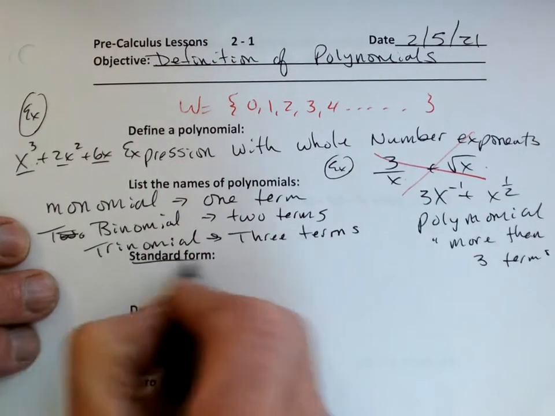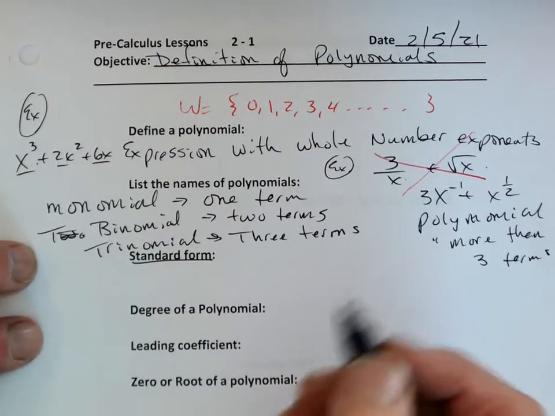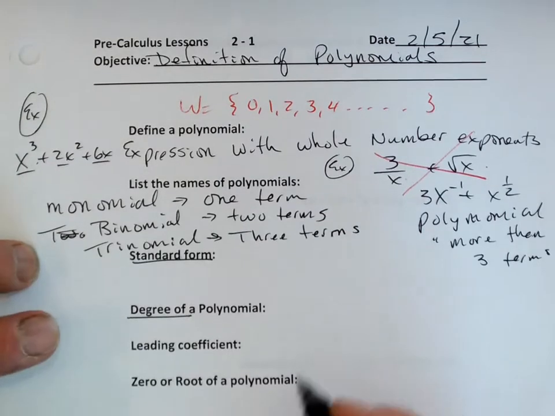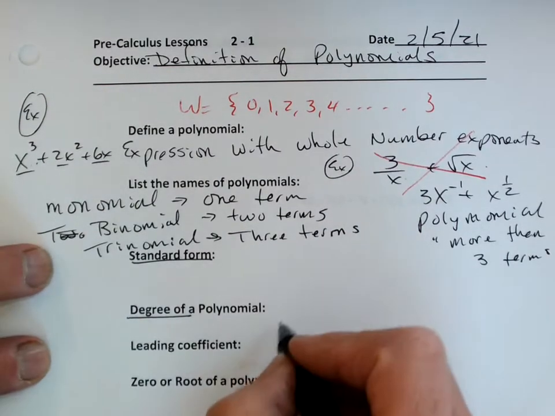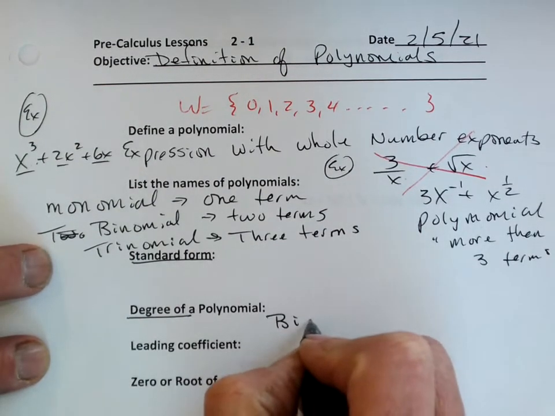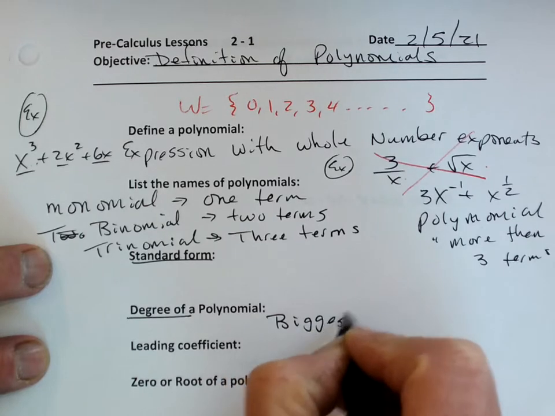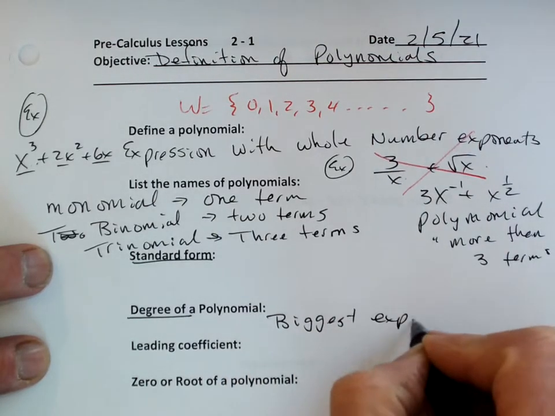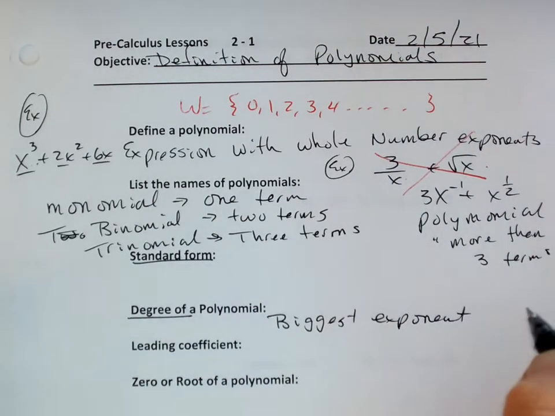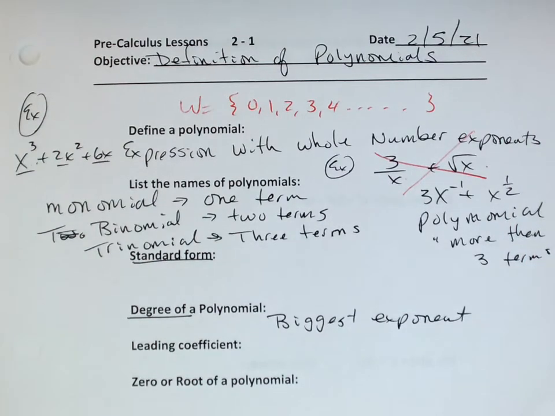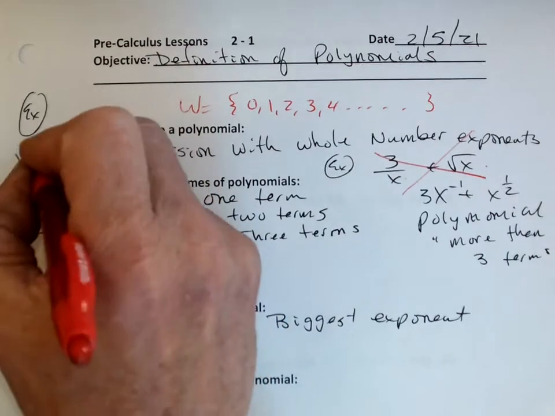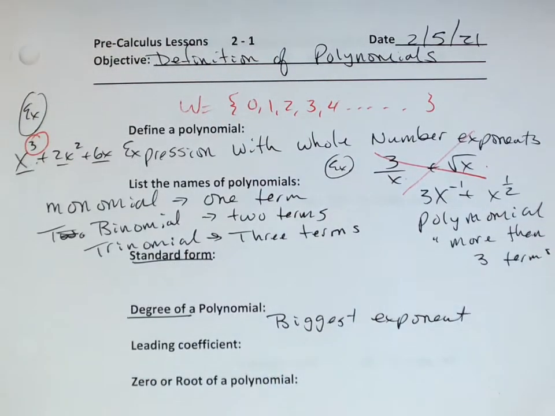Standard form, we just want the biggest degree first. So what is the degree of a polynomial? Well, the degree of the polynomial is the biggest exponent. So in this example, up here, this one's degree 3.